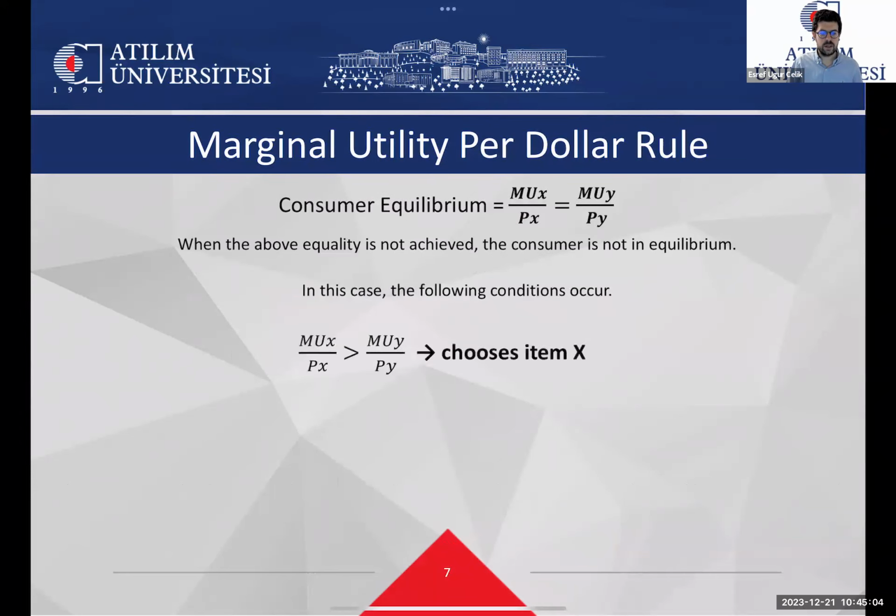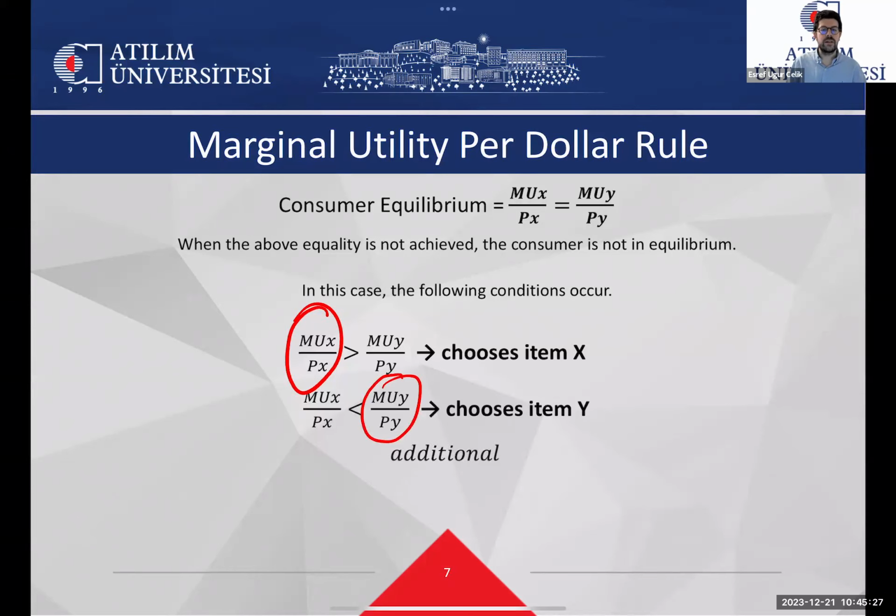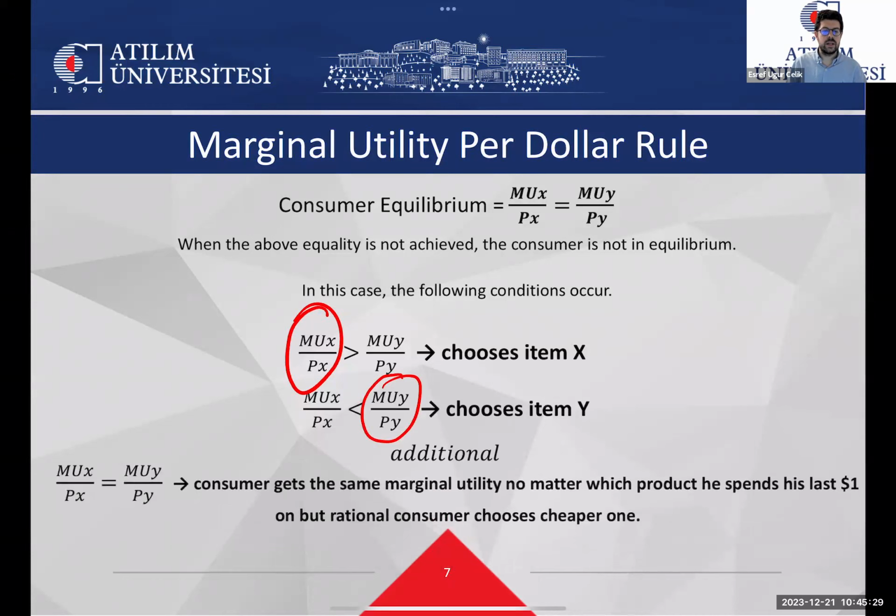Okay, let's talk about that. If marginal utility per price for X is greater than for Y, we choose X. Okay. If marginal utility per price for Y is greater than for X, this time we choose Y. If there is equality, it's like a consumer equilibrium.